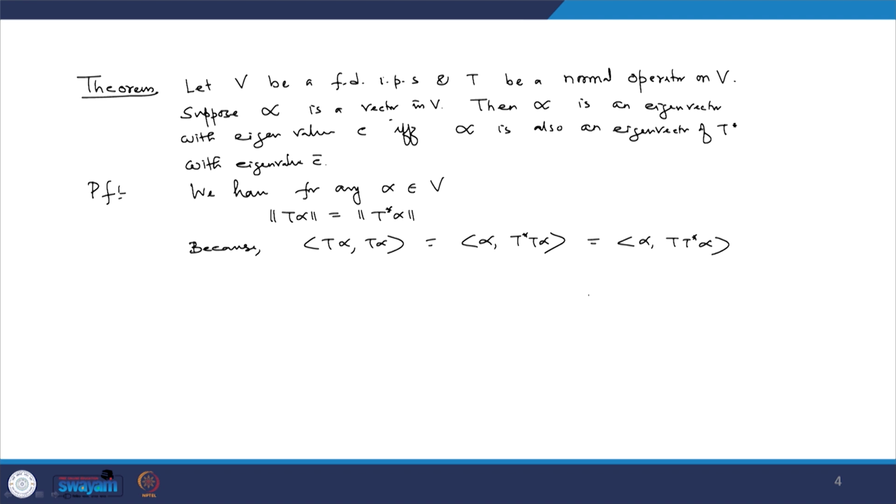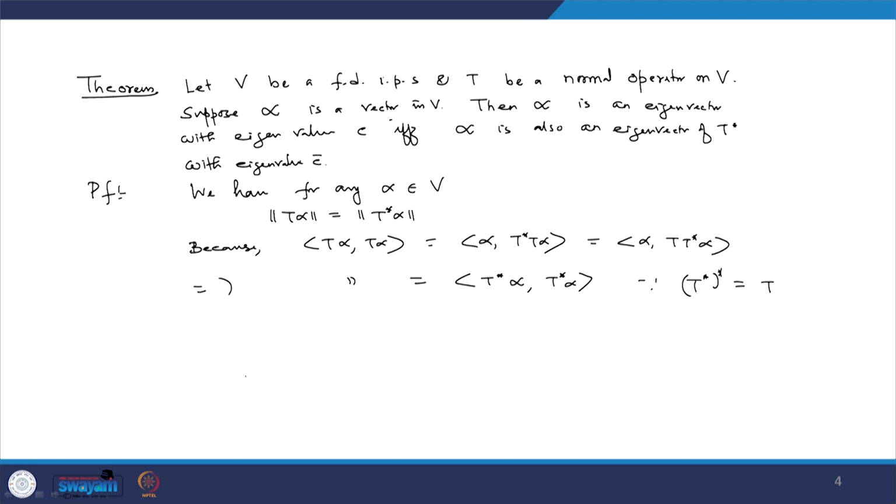Because T is normal, T T star equals T star T, so I can replace T star T by T T star. This implies this quantity equals inner product of T star alpha and T star alpha, since T star star equals T. That is why norm of T alpha equals norm of T star alpha.